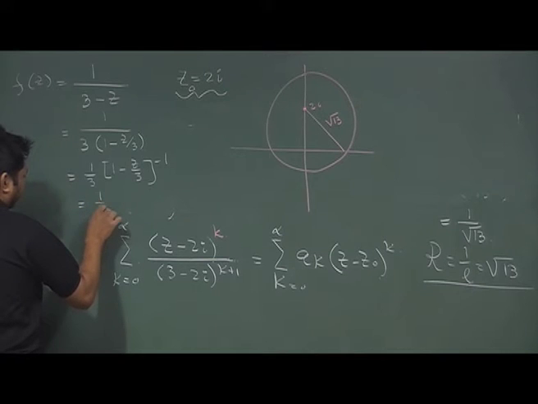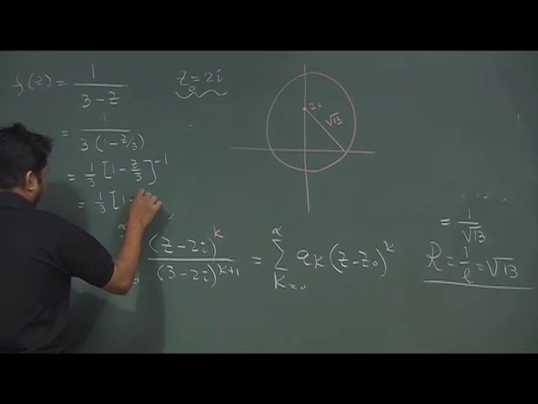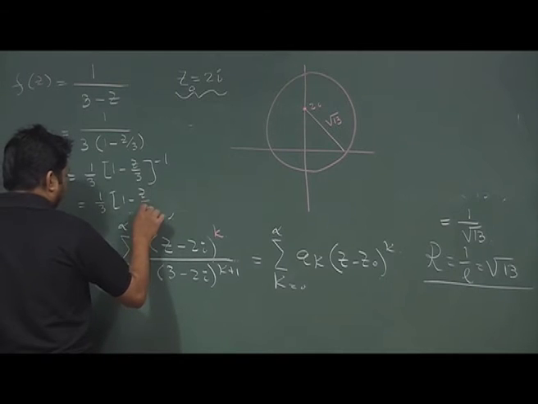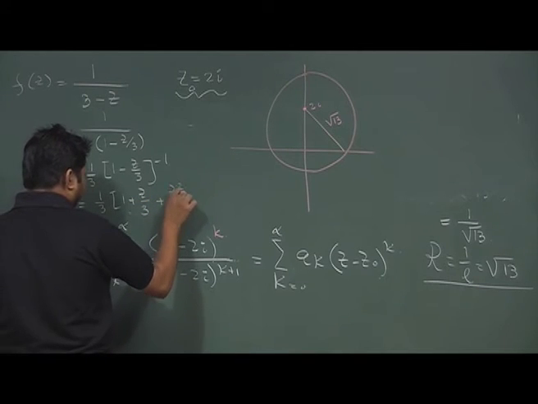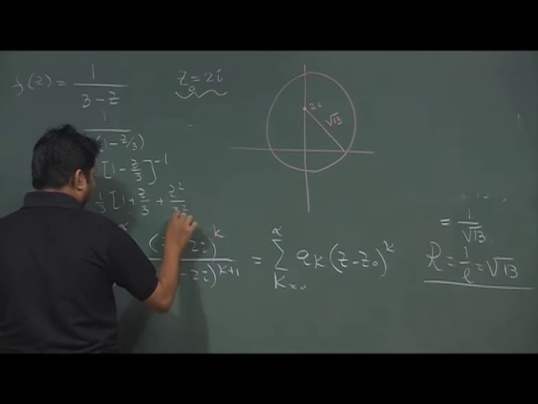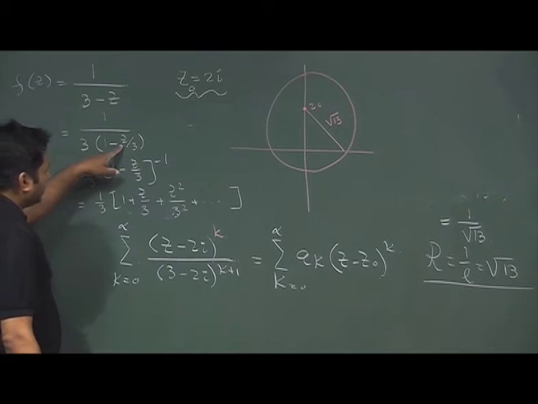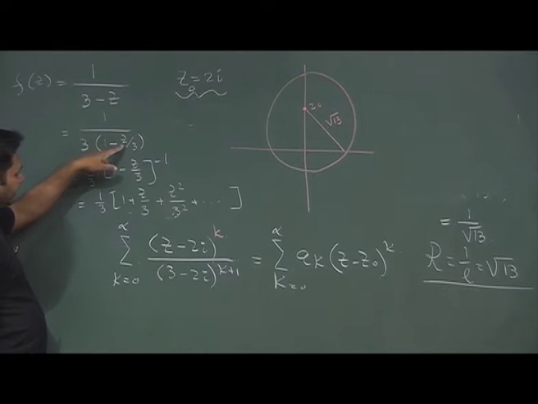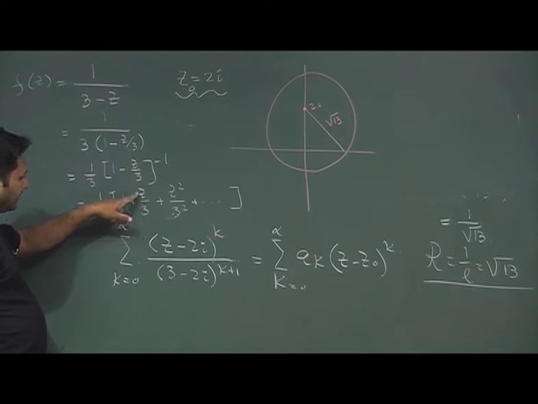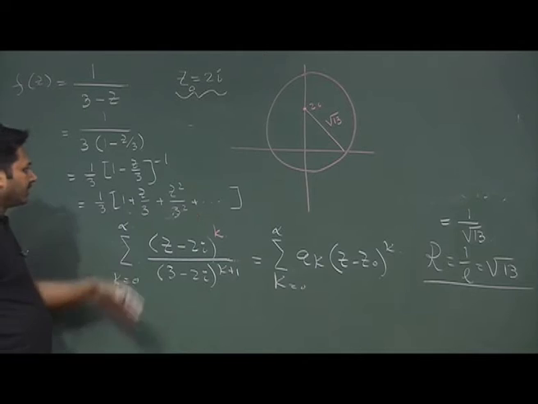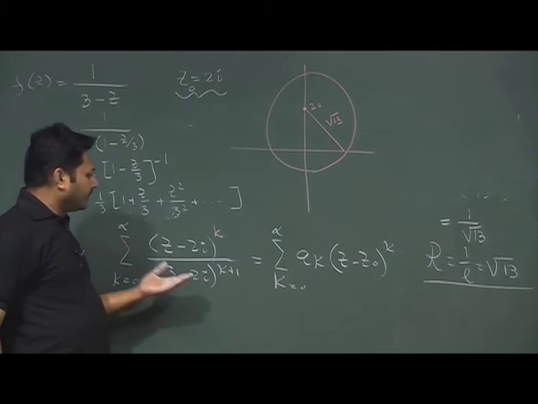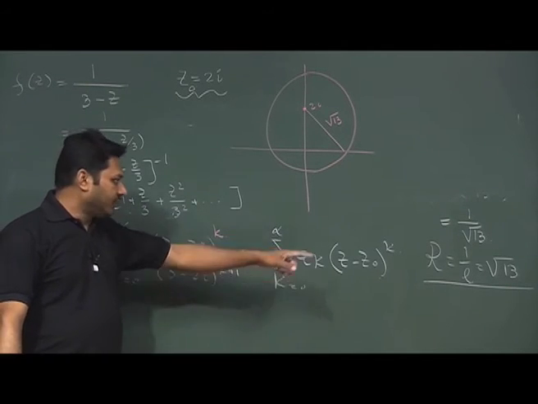Now the expansion gives me 1 plus z by 3 plus z square by 3 square and so on, and the radius of convergence should be such that the value of z should be less than 3, because if it is less than 3, then this quantity is less than 1, and then this expansion is possible. So the radius of convergence for this Taylor series is root over 13.